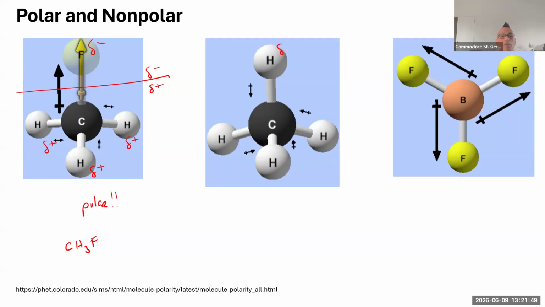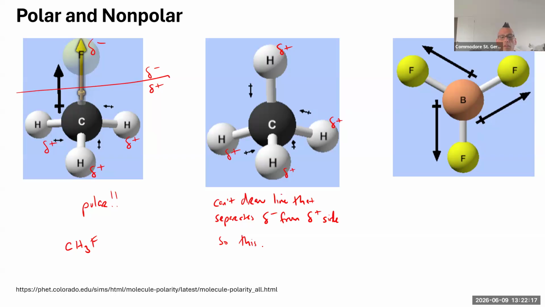Okay, let's look at this one here. Hydrogen, this is all going to be partial positives. So can't draw a line that separates the negative from the partially positive side.